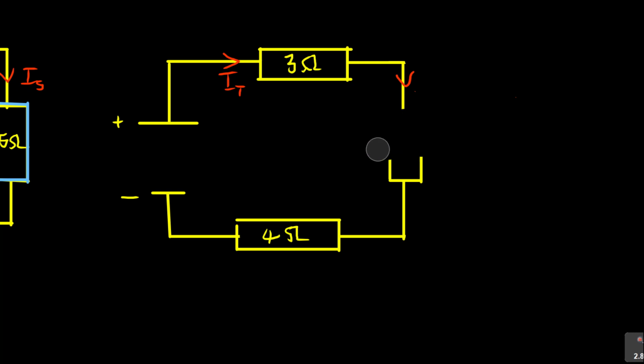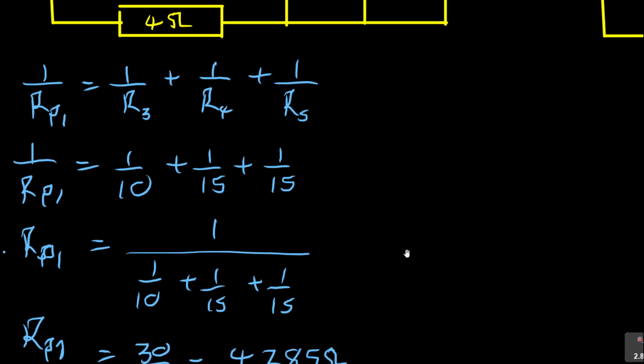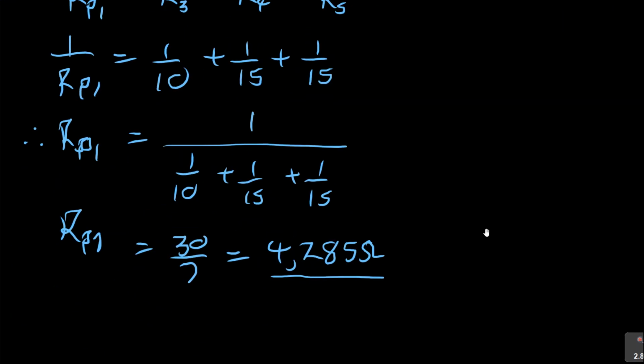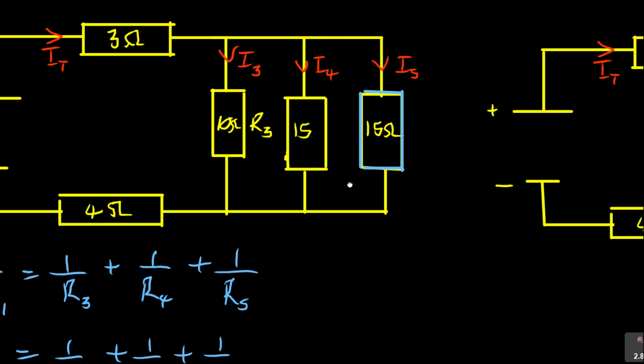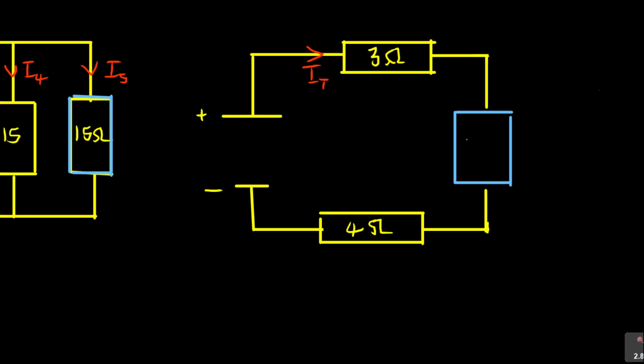Let me just erase everything like this. I've got one resistor now, which I can account for here and here. It's now one resistor that I've added. I'll make it bigger to say it's a combination. That particular resistor is the one that we added here, which gave me 4.285, the total resistance of this.